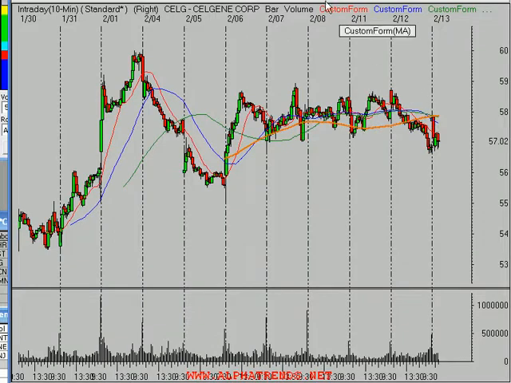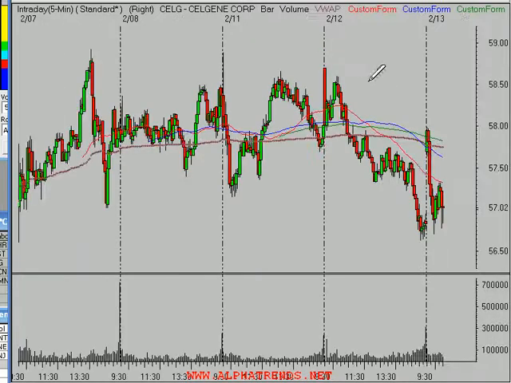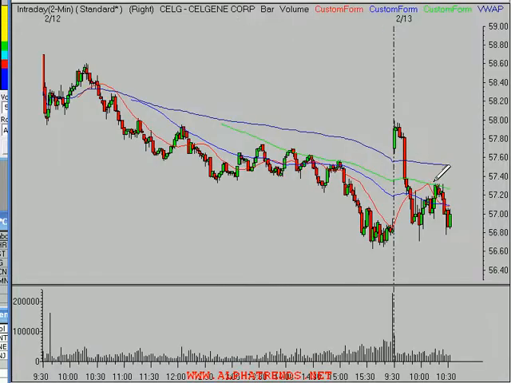You can see that on the 10-minute time frame, that's where the stock had again broken down. And on the 5-minute time frame, you see that it opened with a gap higher this morning. That failed, and now it's just kind of consolidating near yesterday's lows. And when we go to a 2-minute time frame, you can see that here, this is probably going to be where my worst case stop would go when I do initiate a short position.